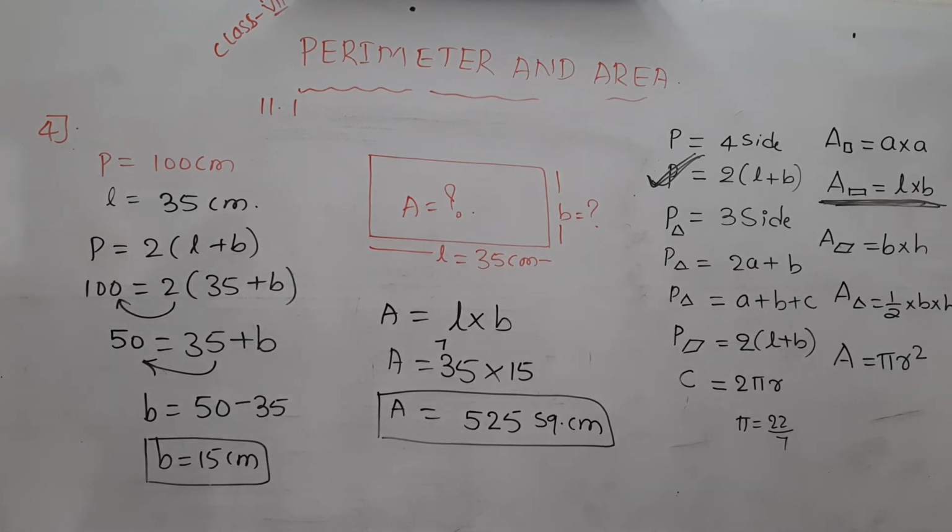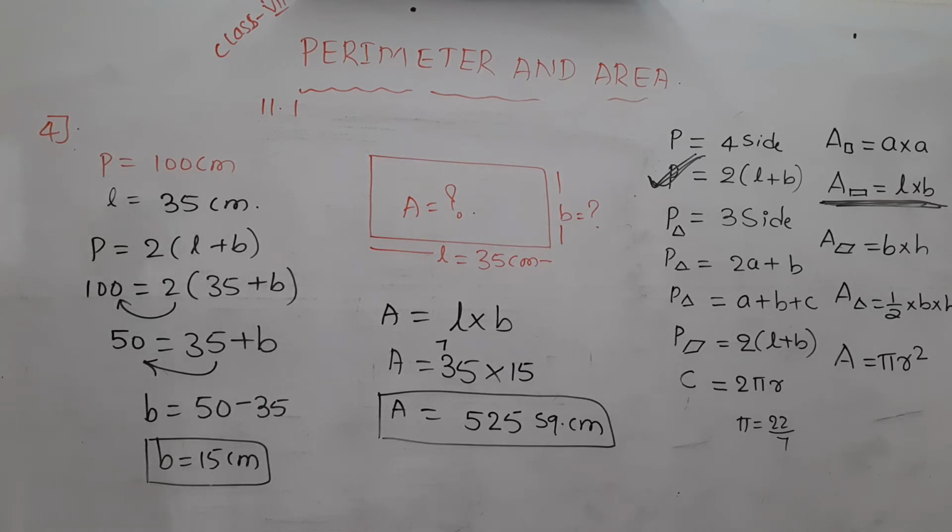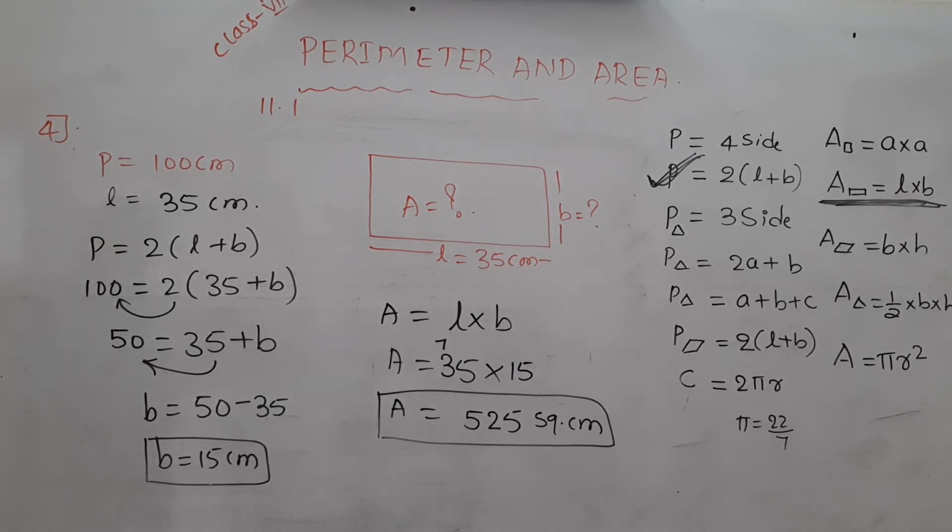Let's take the next question. The area of a square park is the same as that of a rectangular park. If the side of the square park is 60 meter and the length of the rectangular park is 90 meter, find the breadth of the rectangular park.